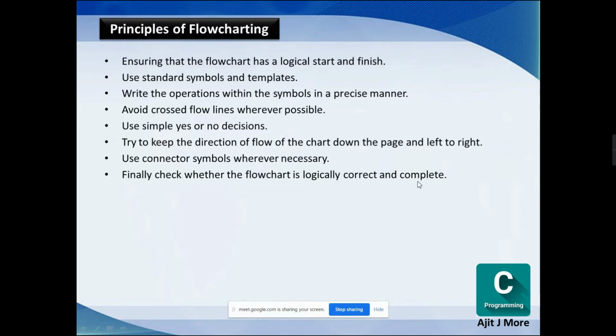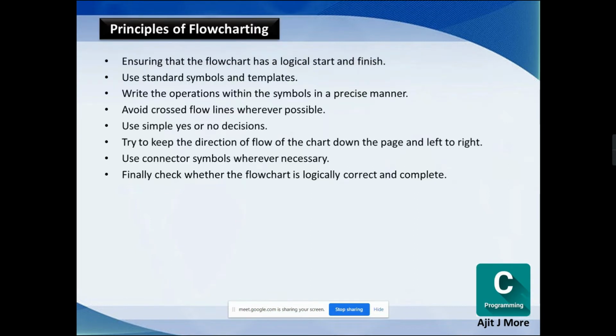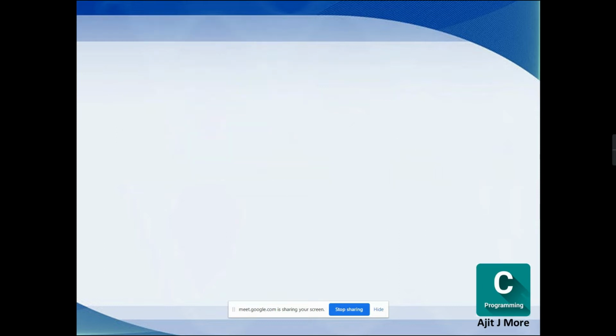To cross verify, like yesterday we wrote some algorithms using simple English. Then in some cases I took some numbers, and then we tried to check whether it is going fine or not. Same way here, try to check whether your flowchart is giving you the desired result or not. Okay, so these are some standard principles which you have to follow. Okay, so I hope it is quite easy.